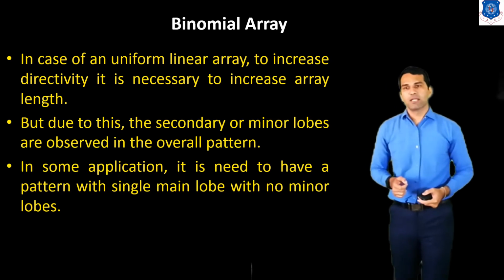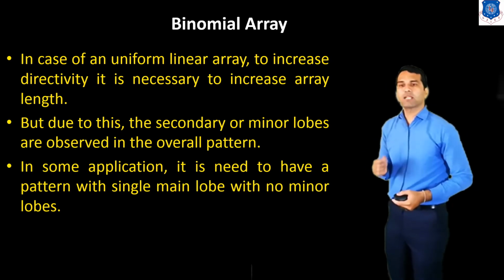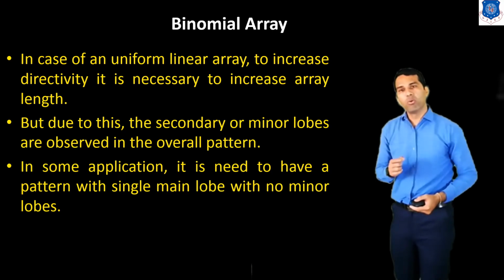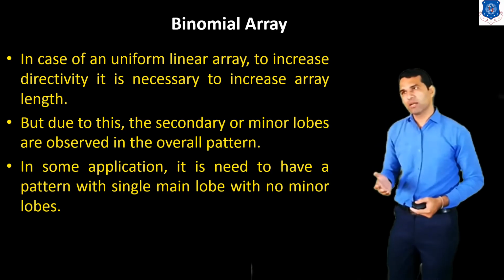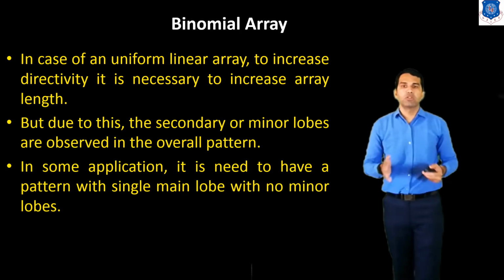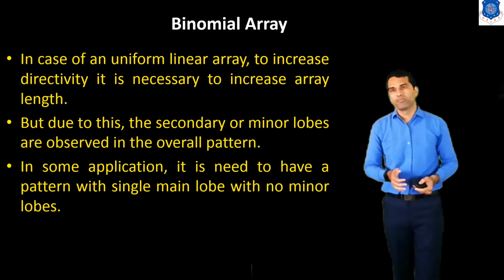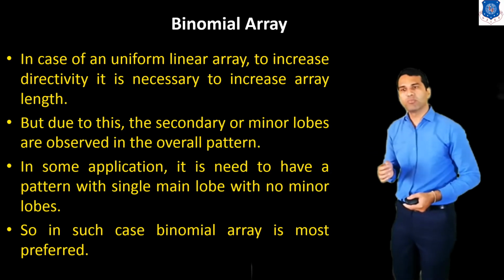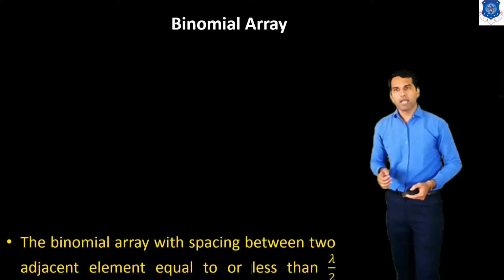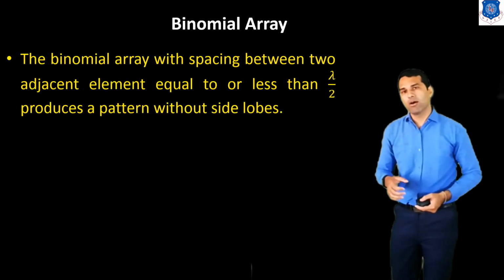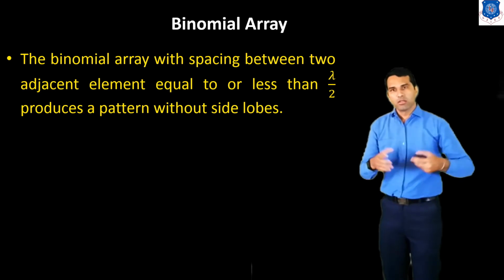In some applications, it is needed to have a pattern with a single main loop with no minor loops. So in different applications, we require the radiation pattern without minor loops. In such cases, the binomial array is most preferred. Now we understand how it increases the directivity without increasing the side loops.